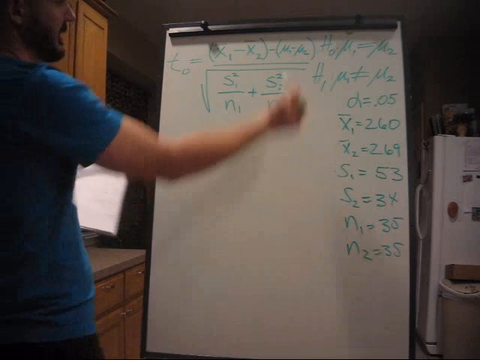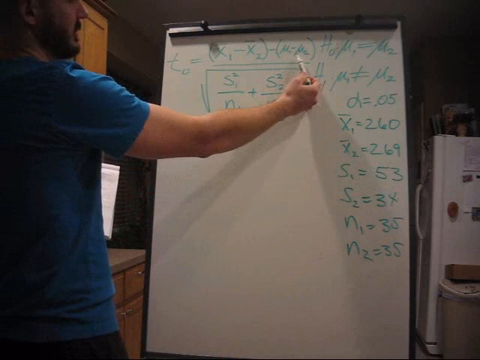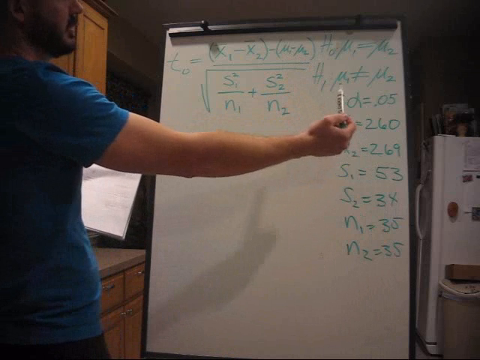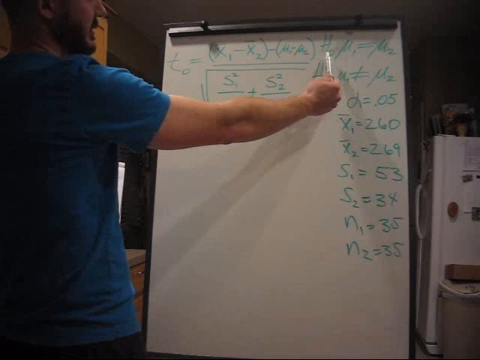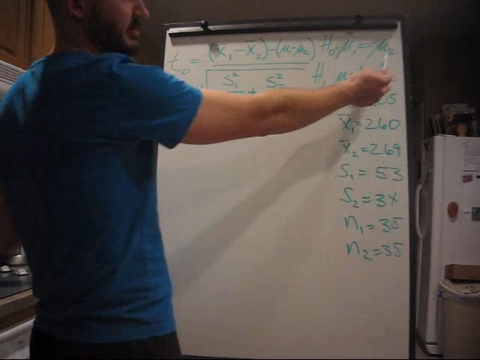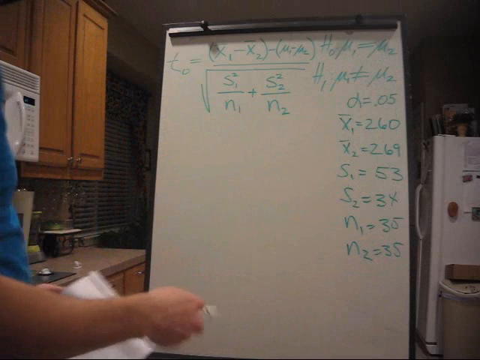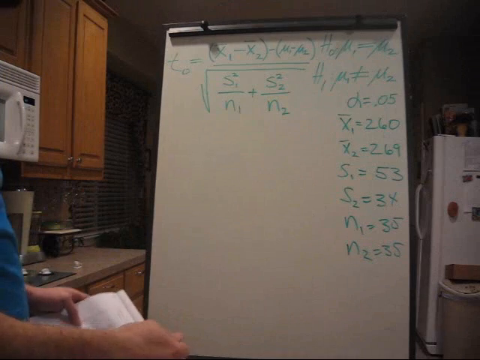Now, we can eliminate the mu sub 1 minus mu sub 2 part of the equation, because H naught states that mu sub 1 equals mu sub 2, so that would be 0. We don't need to subtract 0 from anything at this point.